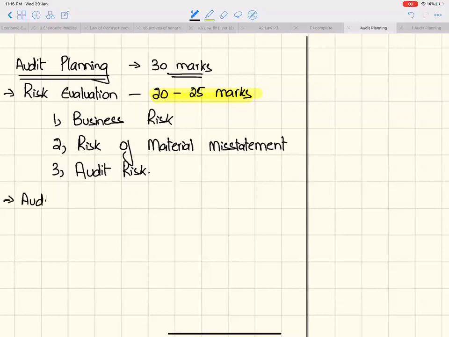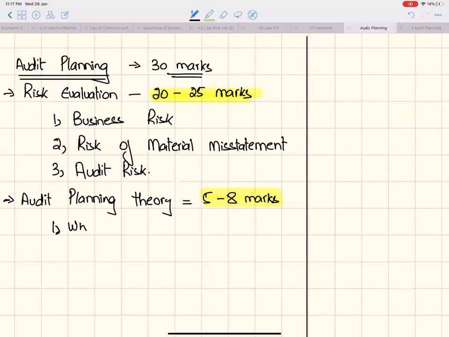And in audit planning, the second area is audit planning theory, which will constitute 5 to 8 marks in your examination. Okay. In audit planning theory, we will discuss what is audit planning.